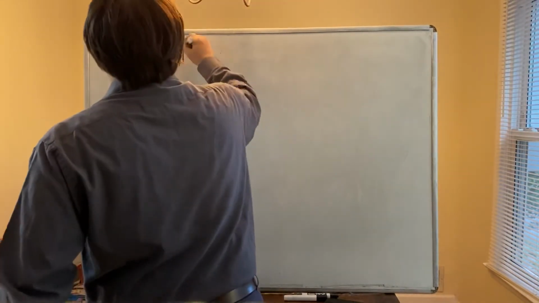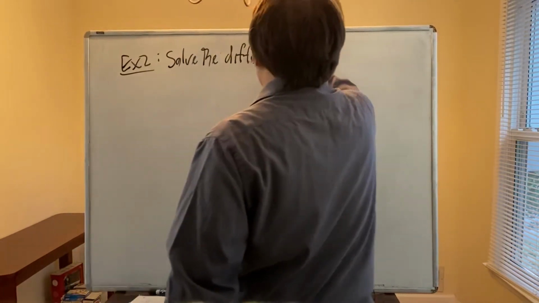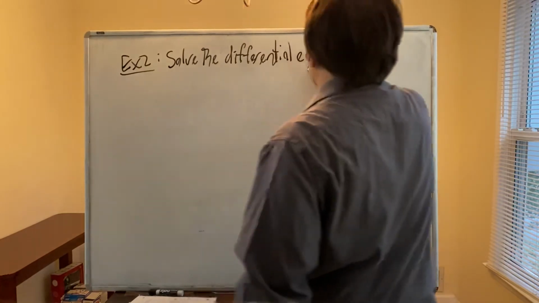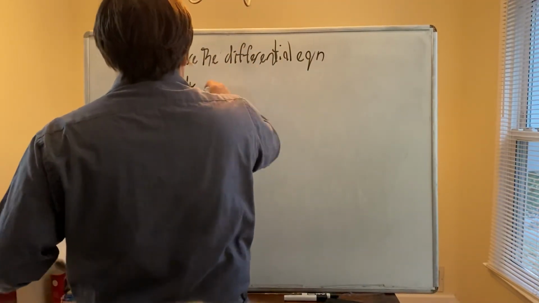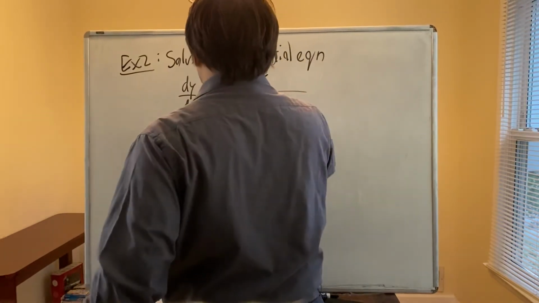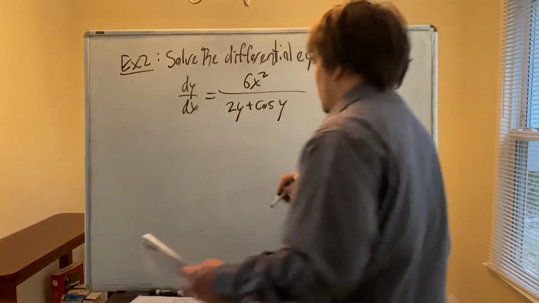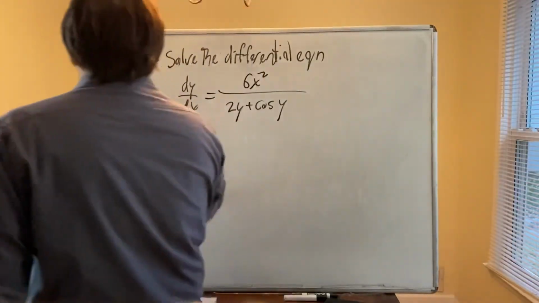Example 2 is: solve the differential equation dy/dx is equal to 6x squared over 2y plus cosine y. Solution.